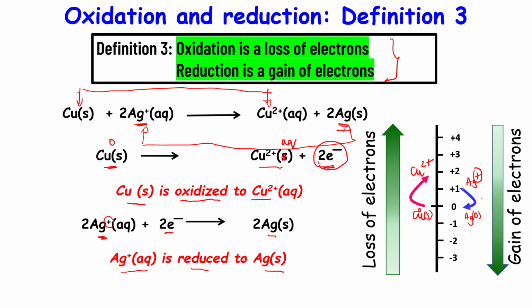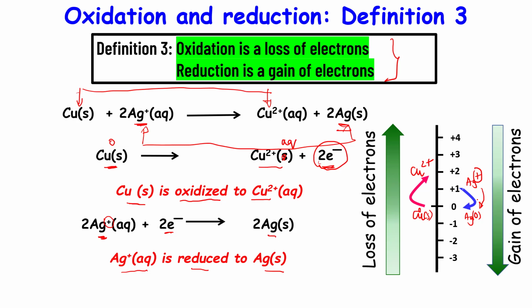And anytime you're going from a more positive value of charge towards more negative values of charges, that is indicative of gain of electrons. Because if you remember, electrons are negatively charged. So when you're gaining electrons, you're going to go towards more negative charges. So +1 to 0 is a gain of 1 electron. So that's indicative of reduction. When you go to more negative values of charges or lower positive values, then that's indicative of reduction.